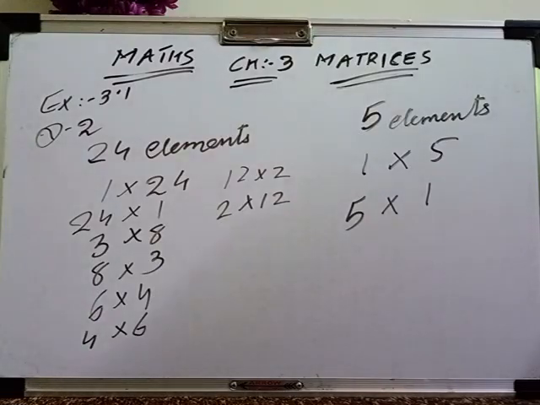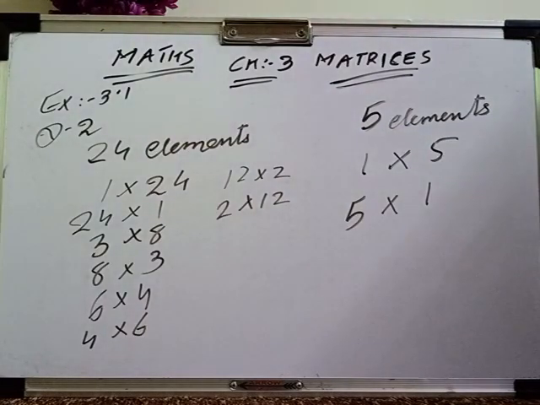The third question is also the same, where in the first case you are asked to have 18 elements and you have to note down different orders related to that. In the next part of the third question, they have asked to settle 13 elements, right? So 13 is again a prime number, so you have only 2 possible cases, that is 1 cross 13 and 13 cross 1.